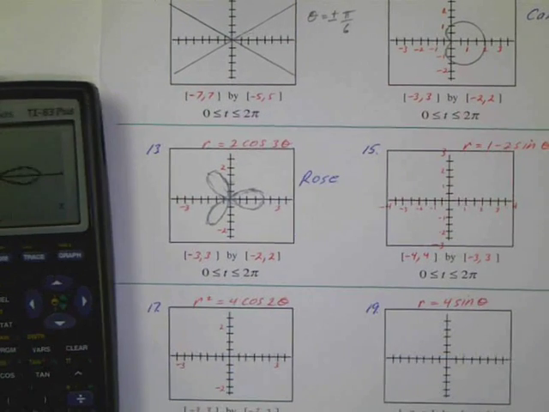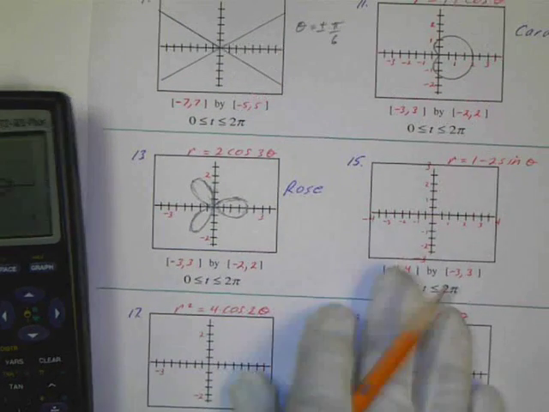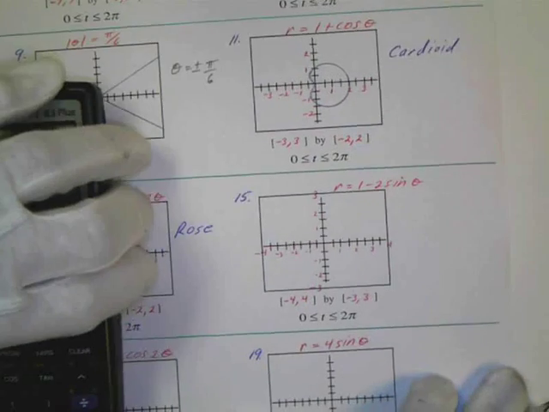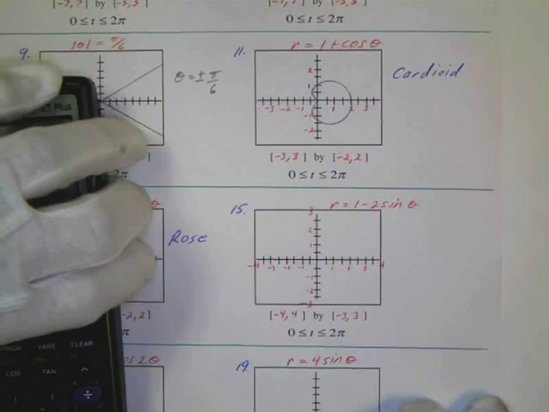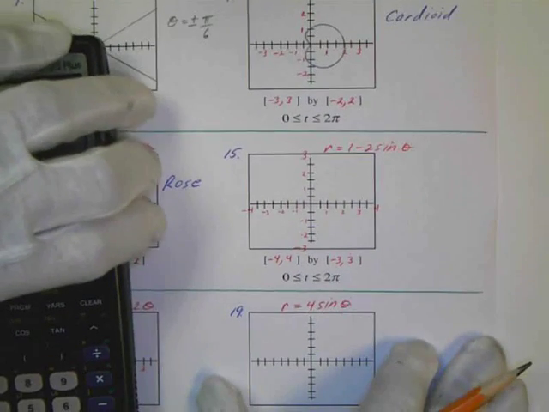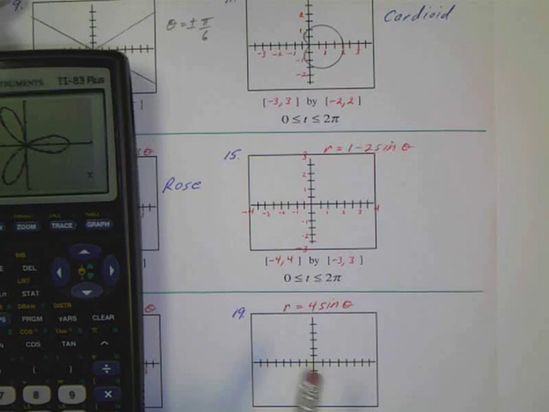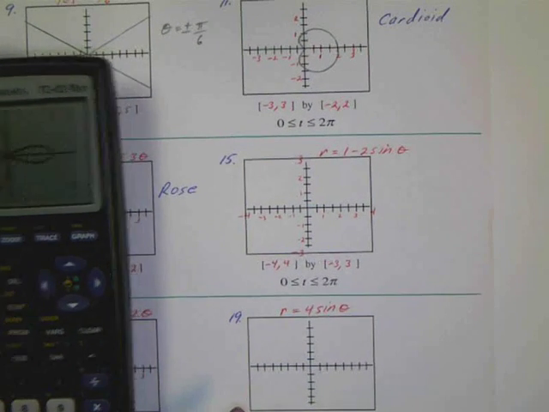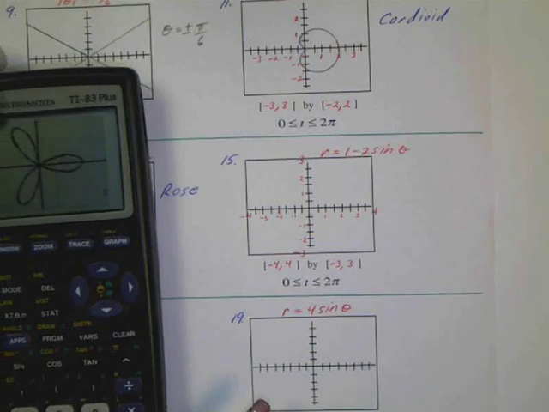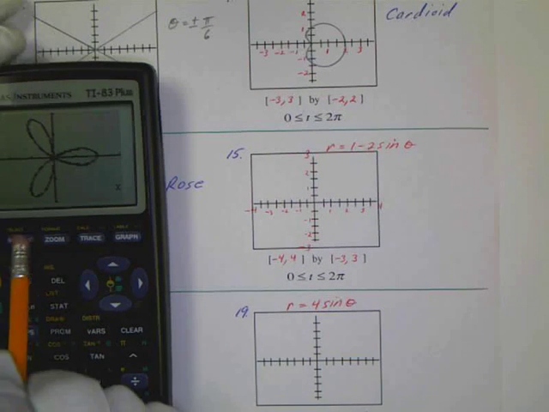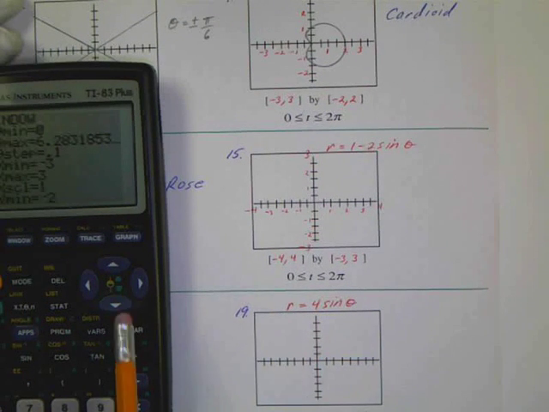Okay, and then number 15, r equals 1 minus 2 sine of theta. So let's graph this one. It's the same window, I guess. I did -4. Brought this out a little bit more, so I'll change my window.